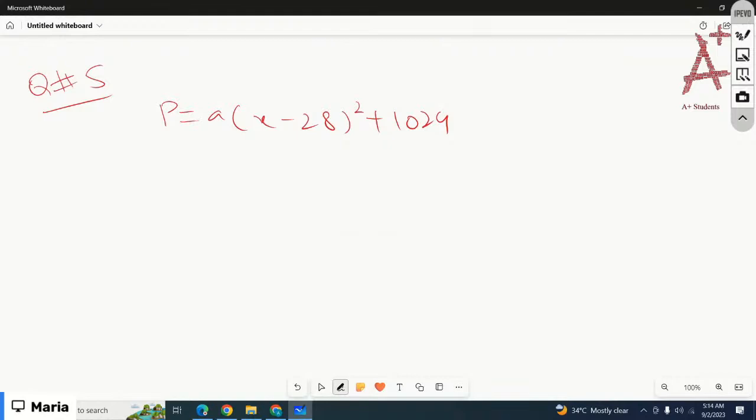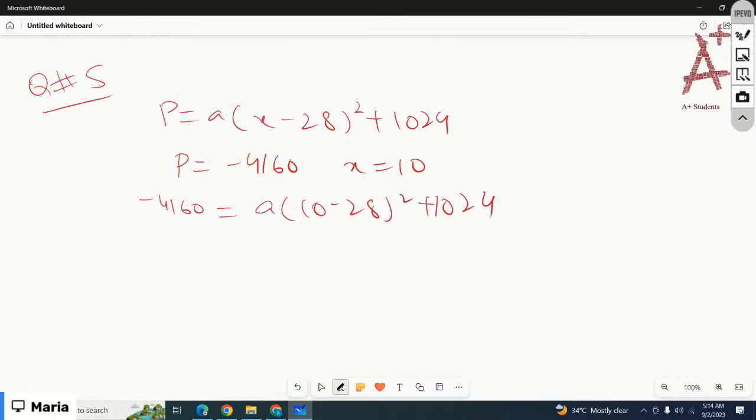So P equals negative 4160, because that is a loss, for x equals 10. Just replace the values: negative 4160 equals a times 10 minus 28 whole squared plus 1024.